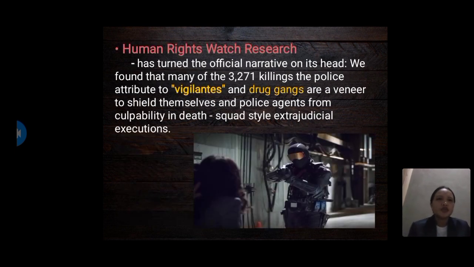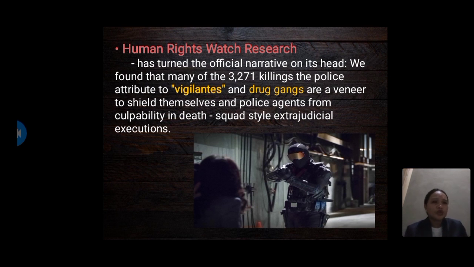So Human Rights Watch research has turned the official narrative on its head. They found that many of the 3,271 killings the police attributed to vigilantes and drug gangs are a veneer to shield themselves and police agents from culpability in squad-style extrajudicial executions.